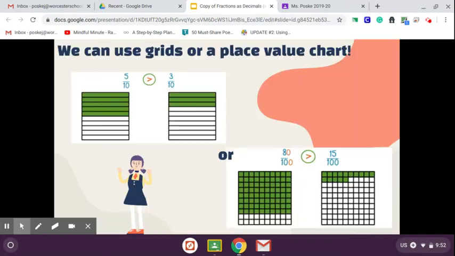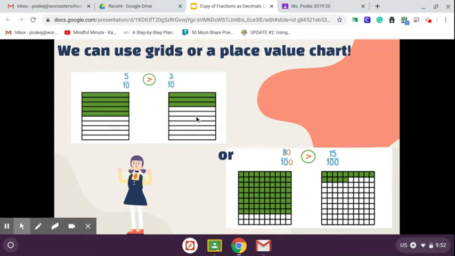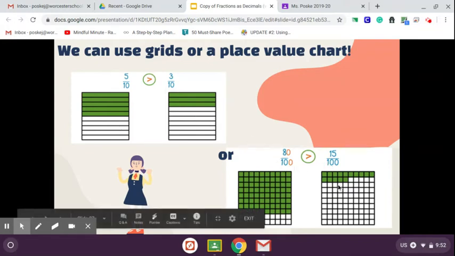You can also use grids to determine this, or a place value chart like the Number Rock video showed. You can line up your decimal points and go through the numbers, okay? But you can also use charts, okay? 5/10 is greater than 3/10, and you can see that based off of the models here. 81 hundredths is greater than 15 hundredths.